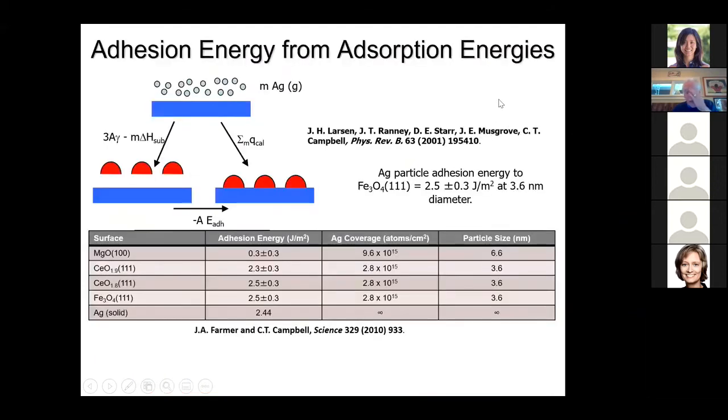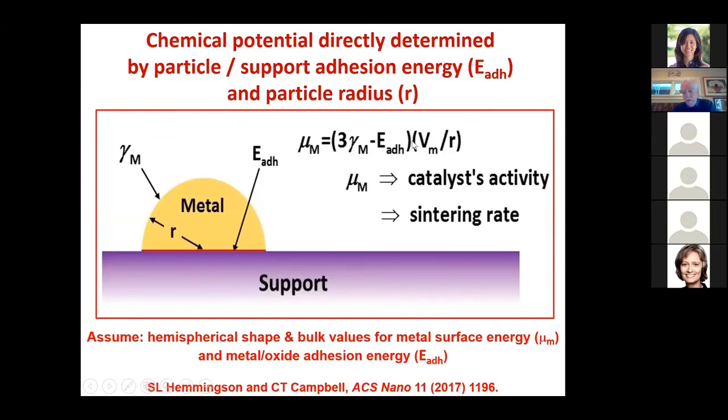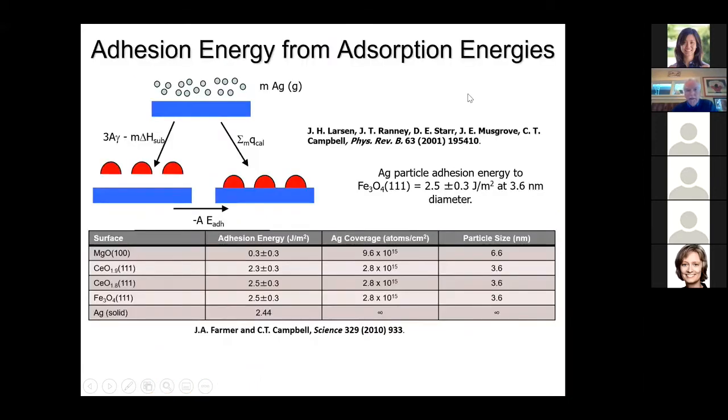And so we knew adhesion energies for a lot of systems from those same kind of measurements that I talked about starting back in 1997. At that time, Larsen, who's now sitting in the audience there and is the chairman or director of your department, Jens Hvolbæk Nielsen, I hope I'm saying that right, was the first author in this paper where we tabulated adhesion energies of silver to different support surfaces.